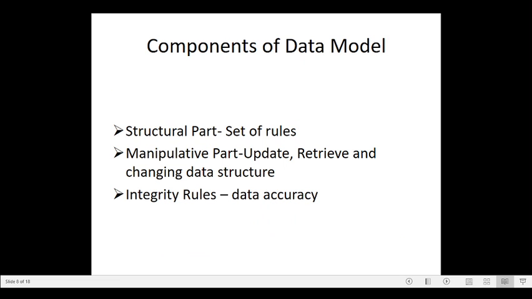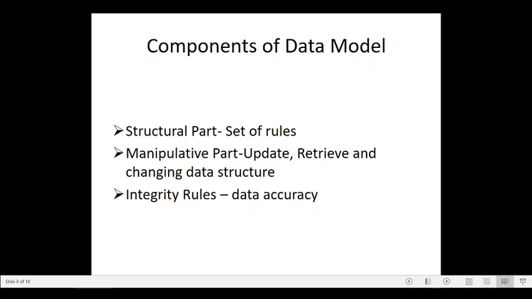Now let us understand the different components of data model. Basically, it has 3 components: one is structural part, next is manipulative part, and integrity rules. Structural part consists of a set of rules according to which a database can be constructed.